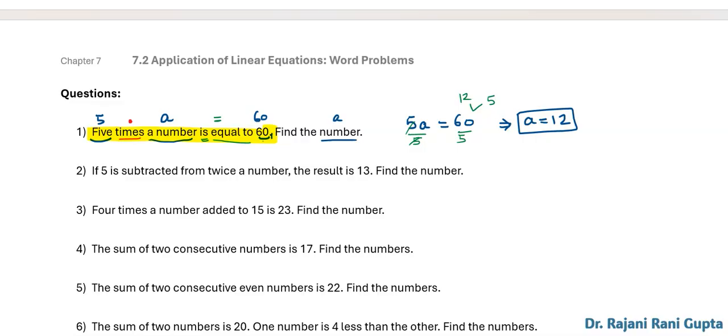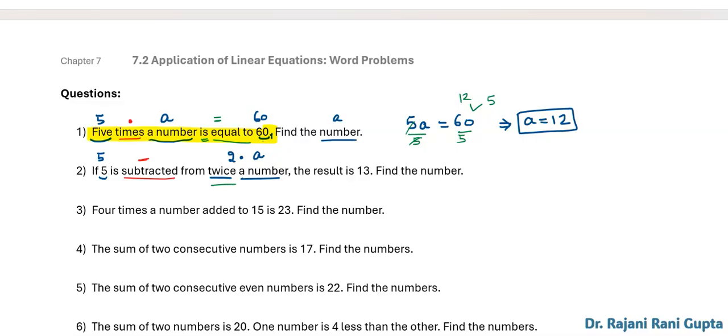If 5 is subtracted from twice of a number. Subtracted means minus. Twice of a number, a number is A, twice means multiply by 2. So what is written? If 5 is subtracted from twice of a number.